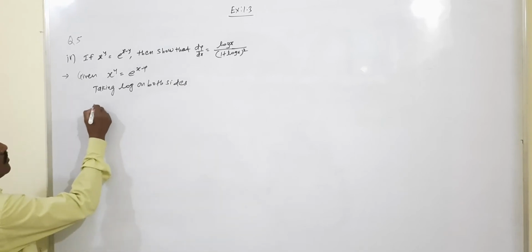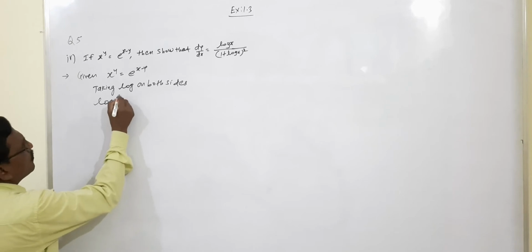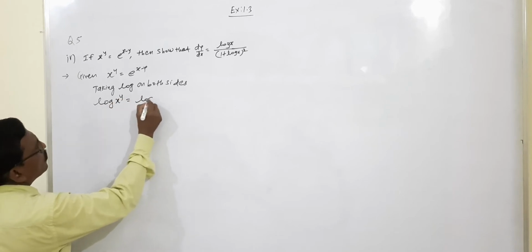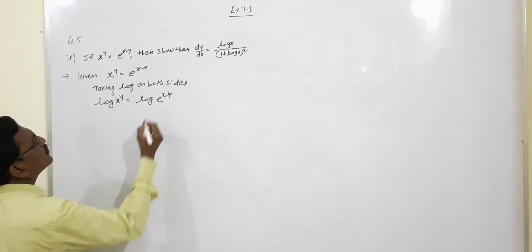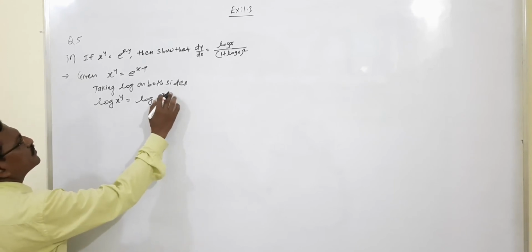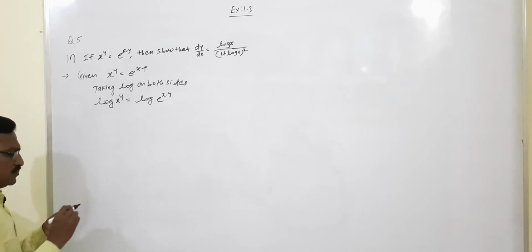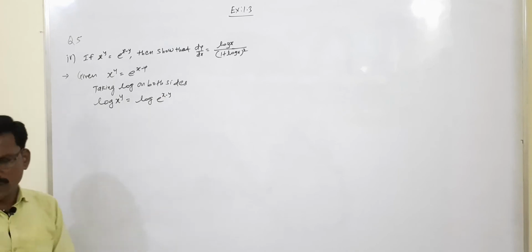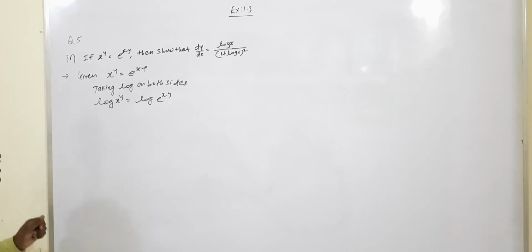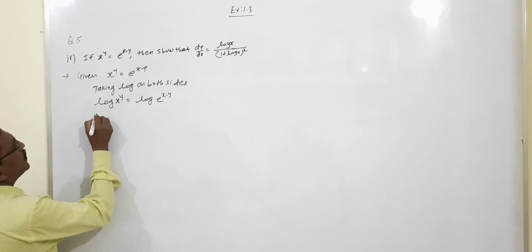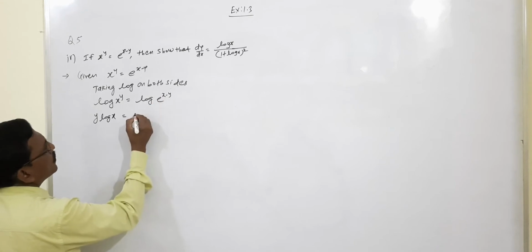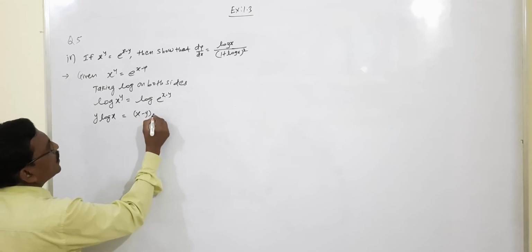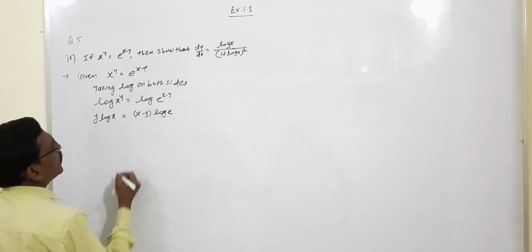So log of x to the power y is equal to log of e to the power x minus y. Now again we use the rule of logarithm, log of m raised to n is n log m, so it is y log x is equal to x minus y into log e.